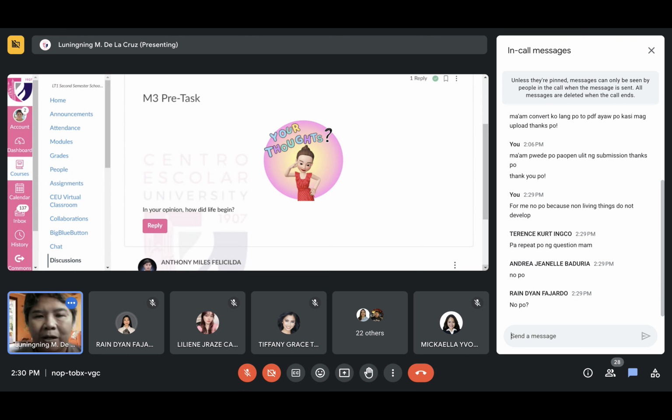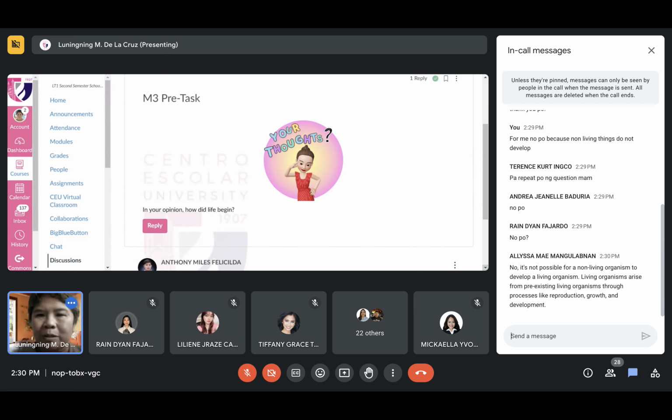Okay, so, at dahil doon, there is one comment: no, it's not possible for a living organism to arise from non-living things, only from pre-existing life. Yes, you're very much correct, Eliza. Okay?